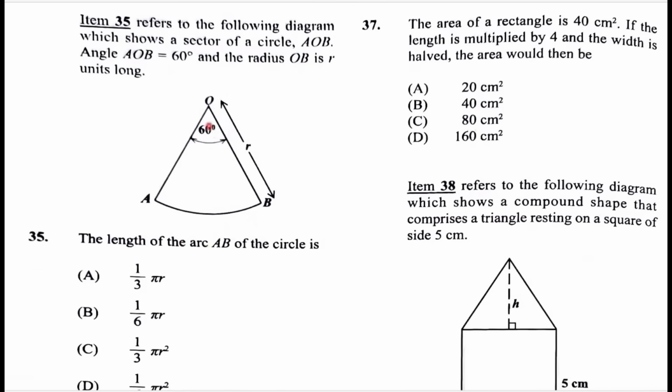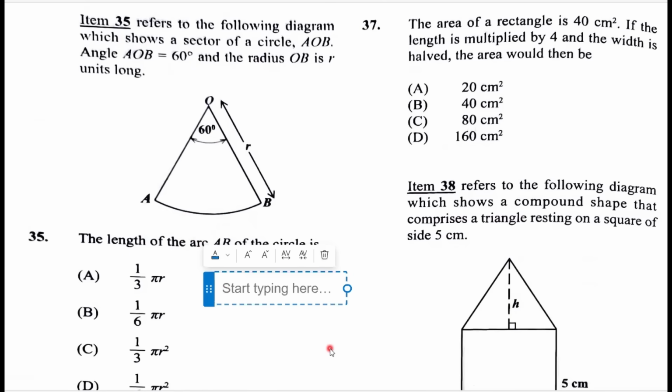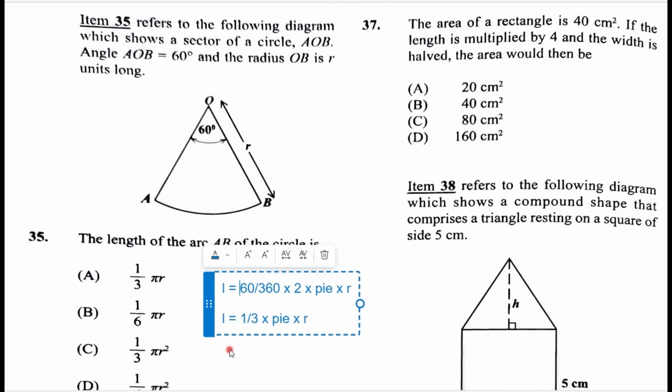Length of the arc is the angle over 360 by 2 pi R. So it's 60 over 360, by 2 by pi by R. 60 over 360 is 1 on 6. 1 on 6 by 2 will give you 1 on 3, by pi by R, is equal to the length of the arc. Right, good. That's A, right?